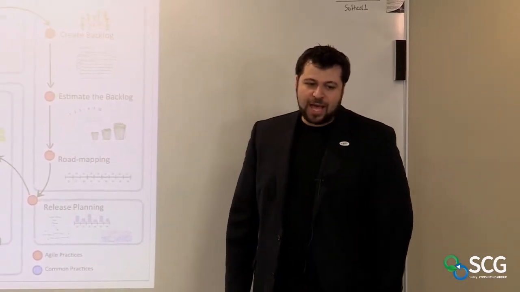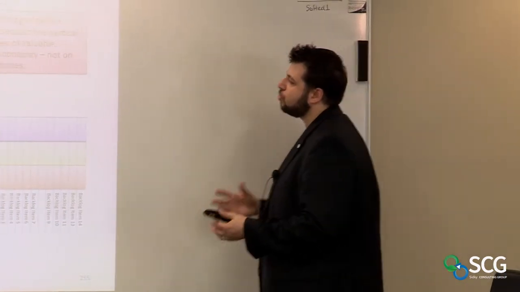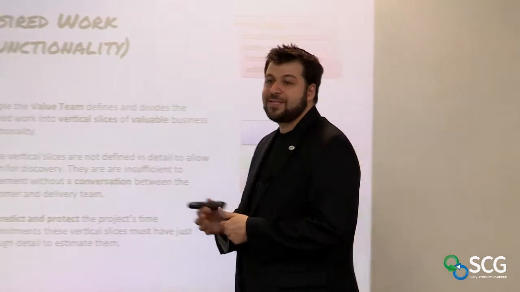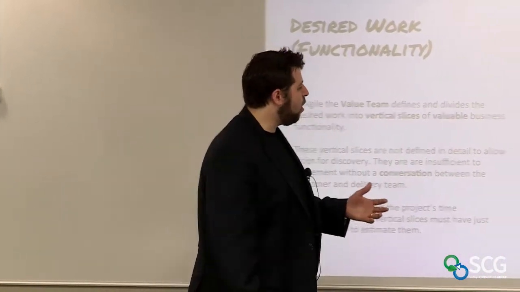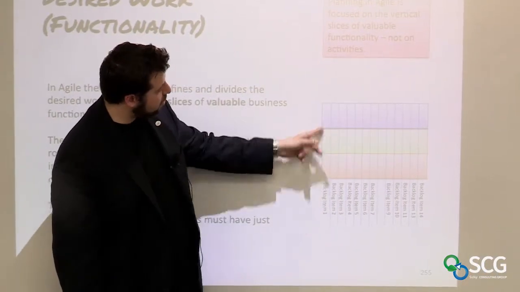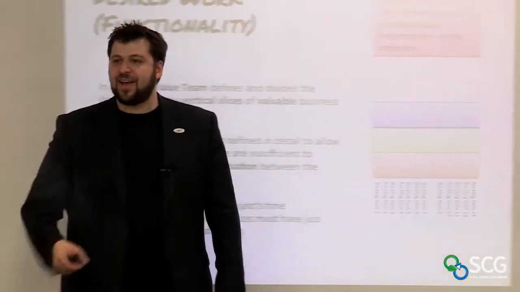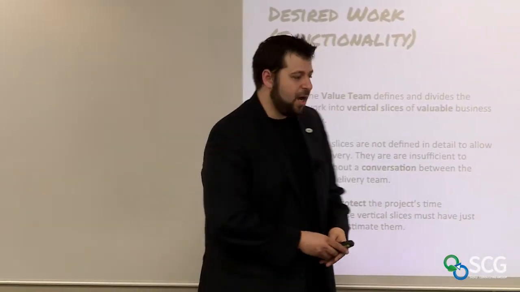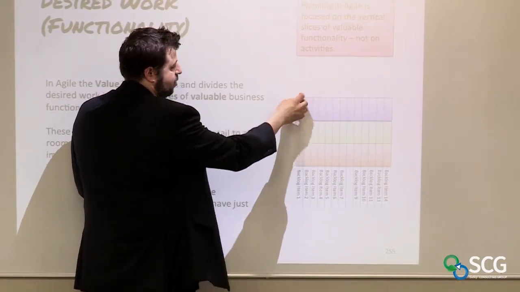As we create backlogs, the backlog is really trying to capture the desired work or functionality that we have. What you want to know about the backlog is, if this were your system, your backlog is a set of these thin slice items. Each has a little bit of the infrastructure, the code, the UI.